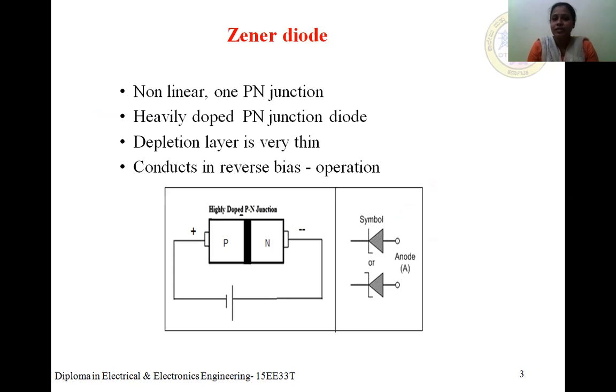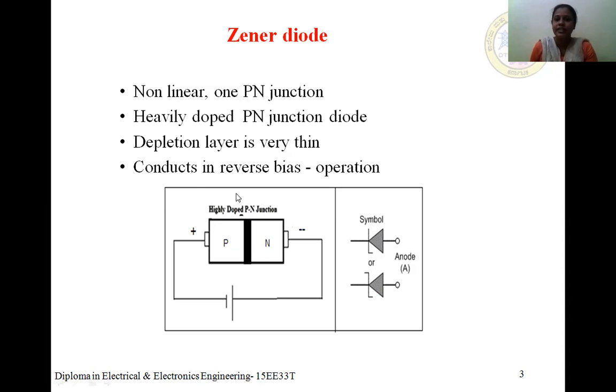In the case of a Zener diode, the depletion layer is very thin. This Zener diode conducts in a reverse biased condition, that is, operation is done in the reverse biased characteristics. Next is the Zener diode. You can see here, in the Zener diode we have a combination of P-type and N-type which has been heavily doped.